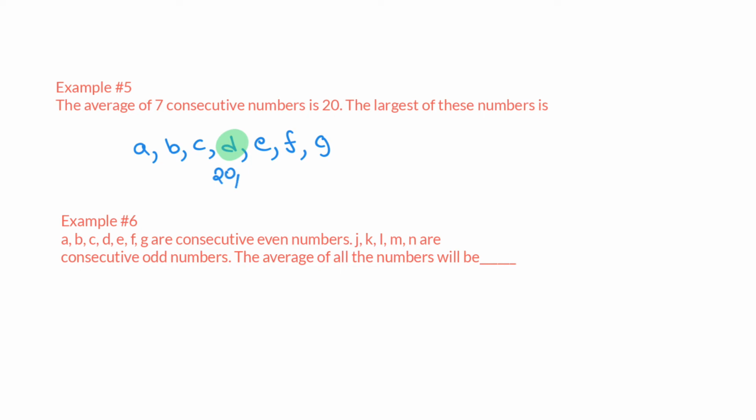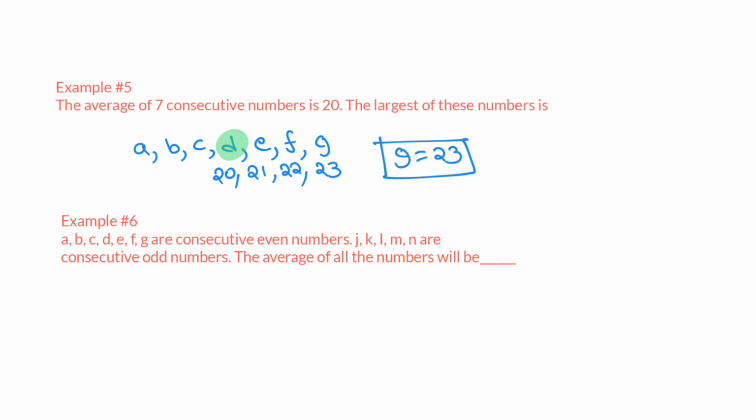From which we can write the value of E would be 21 and the value of F 22 and the value of G 23. So G is equal to 23 is the largest number of the sequence.